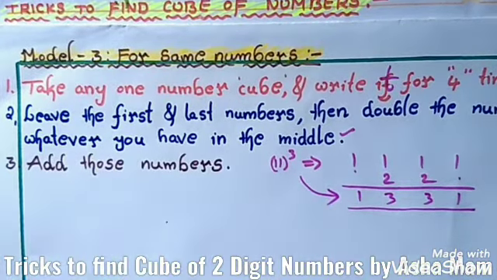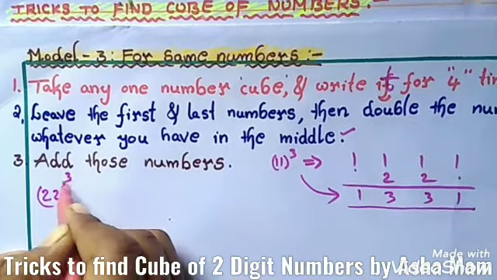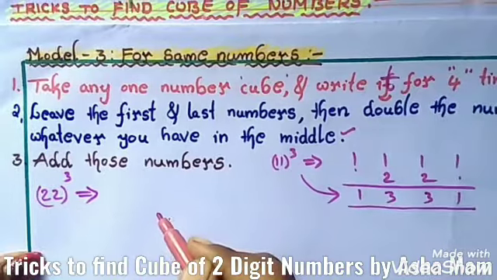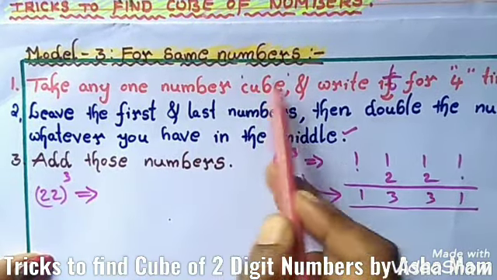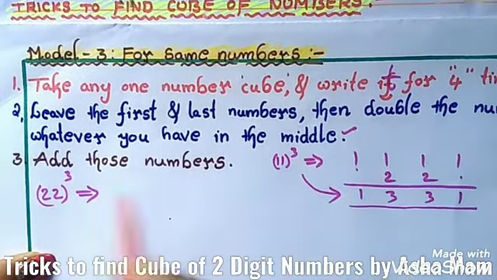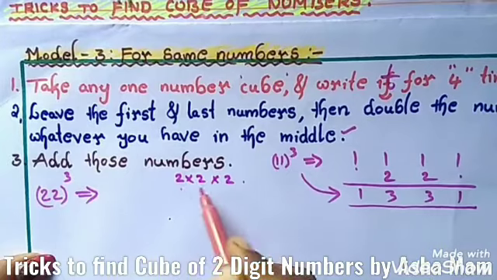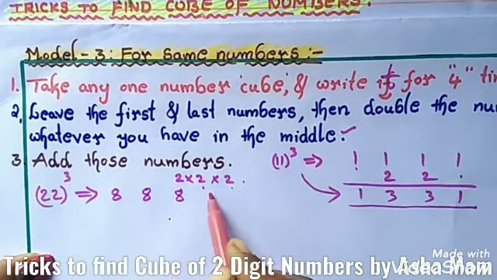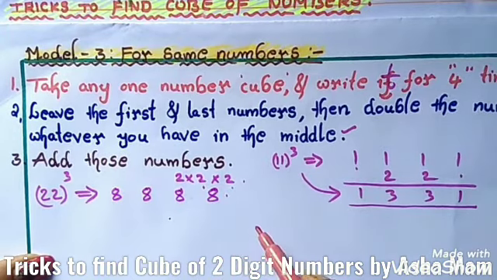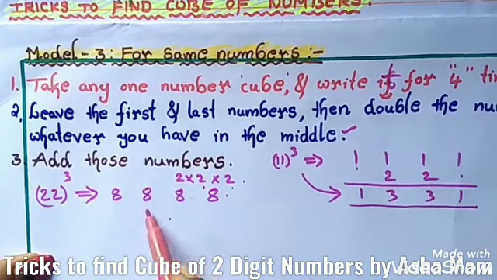And next example here, for suppose 22 whole cube. See clearly, take any one number, then do the cube of the number, write it for 4 times. Here 2 into 2 into 2, 2 2's 4, 4 2's 8, so that 8 you have to write 4 times, simple. And next one, leave the first and last number and double the middle numbers.